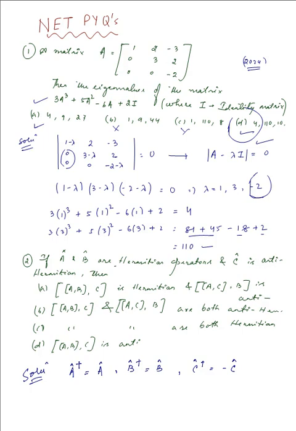What it tells us is that if we have two operators which are Hermitian, then the commutation of two Hermitian operators is going to be anti-Hermitian. This is already done, so I'm not going to do it once again. You can check the video for yourself.